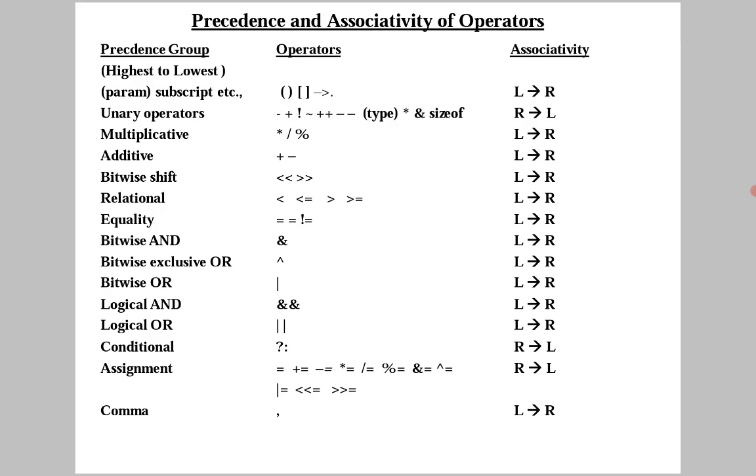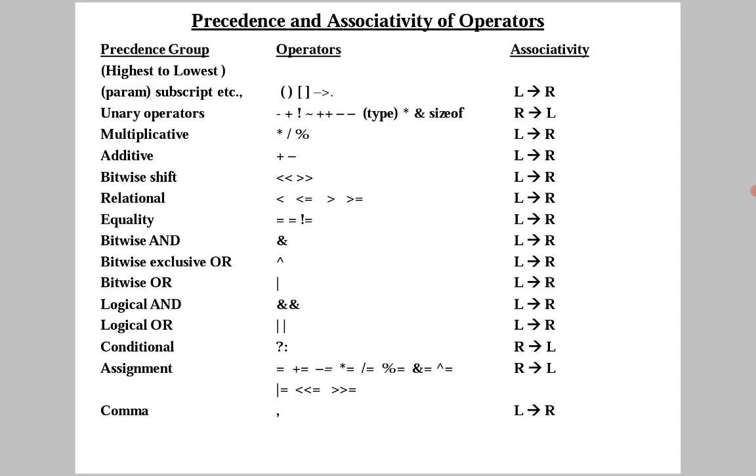Relational operators. Another type of operator is called a relational operator. What is a relational operator? Generally, relational operators are less than or equals to, greater than or equals to, equals to, not equals to, like that. Relational operators are generally used to compare two or more values or expressions or variables or a combination of them. A simple example is: is A greater than B, or if 10 is greater than 5, like that.